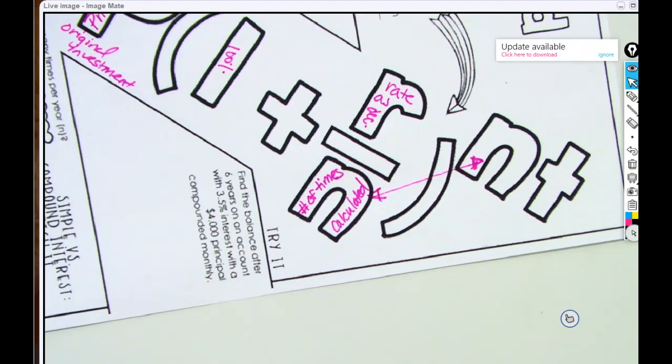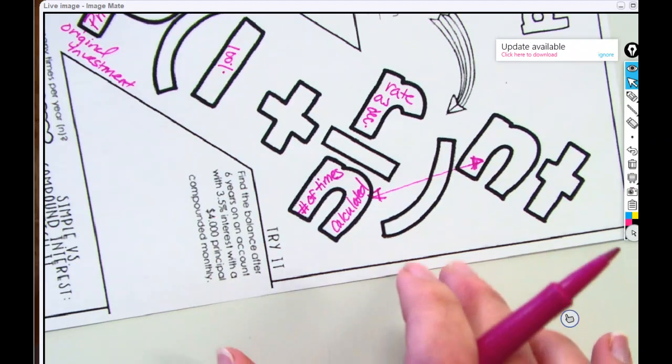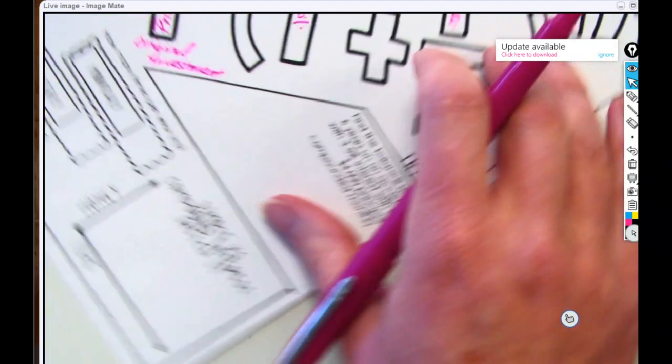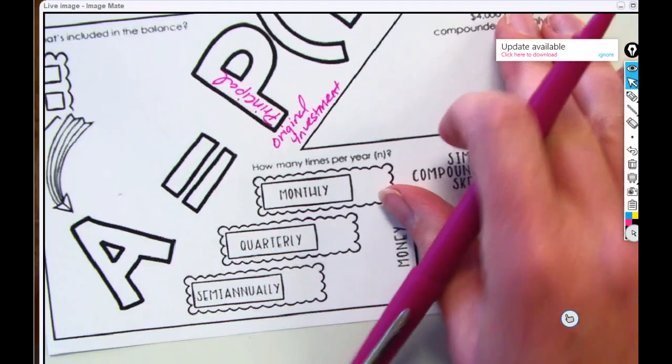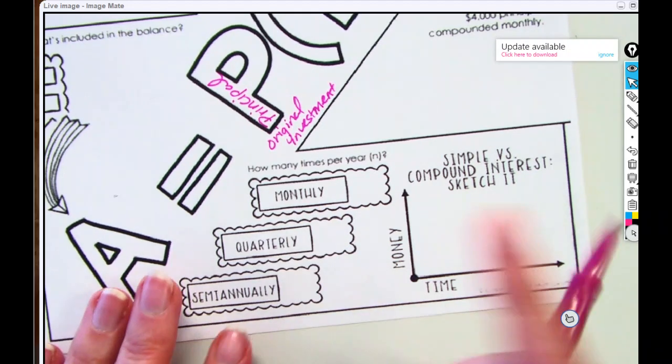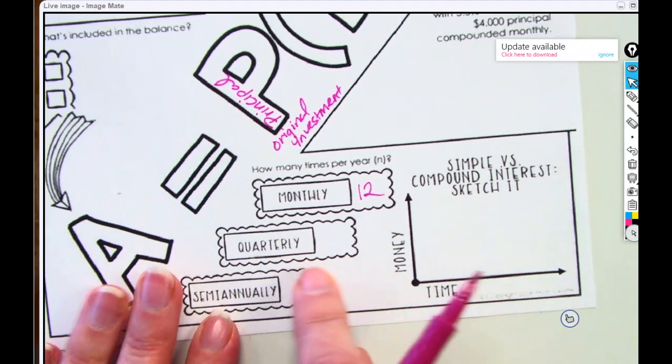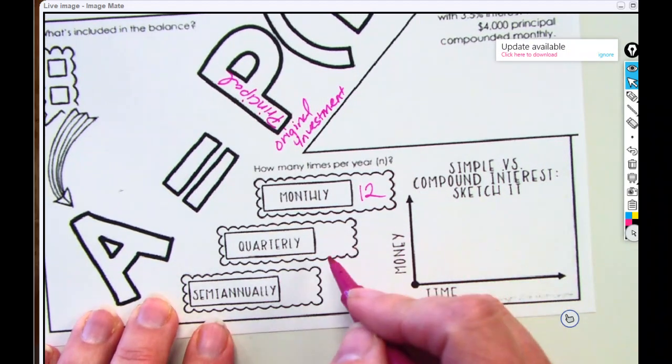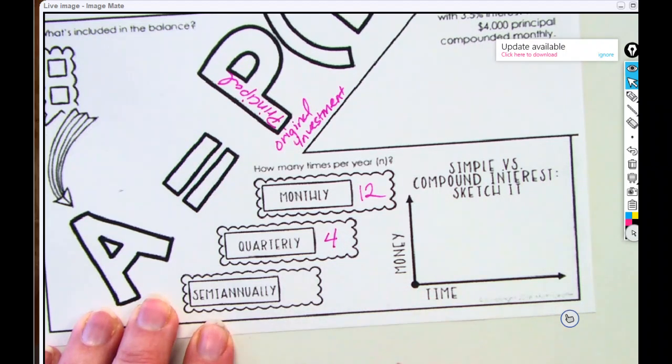While we're talking about number of times calculated, let's talk about what I mean. If it's calculated monthly, what would your N be? 12. Quarterly? 4 quarters in a year.